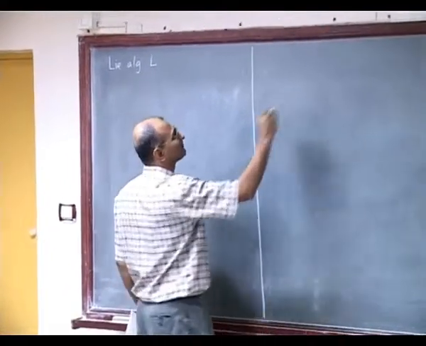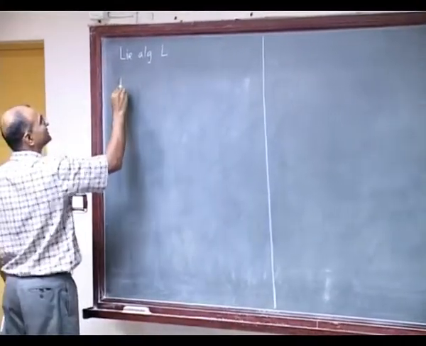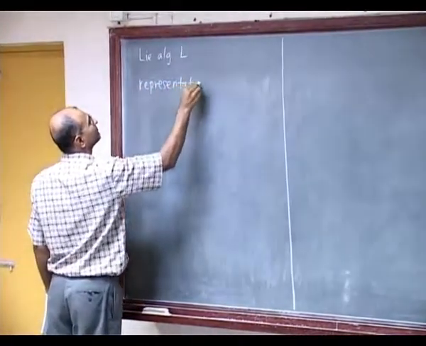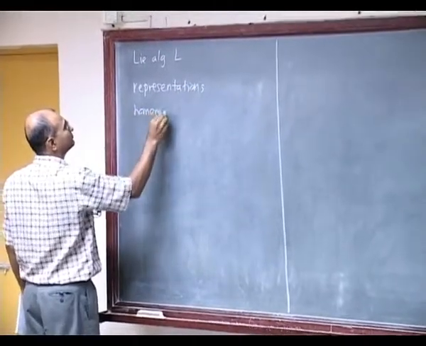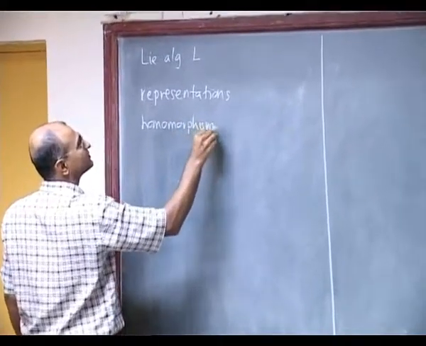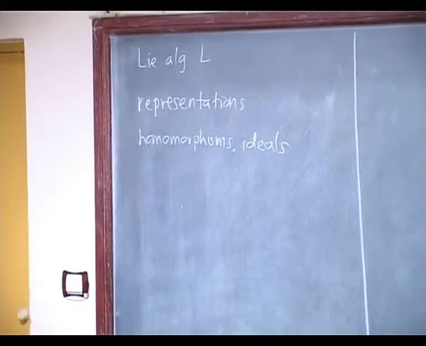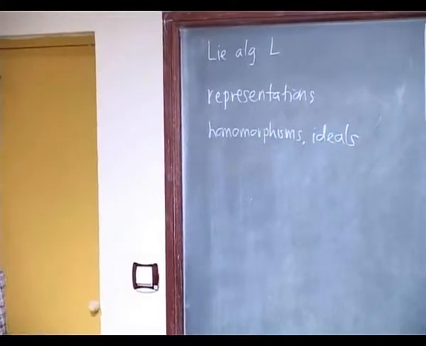So this is the first order. Lie algebra L, various words. Just writing down the words that we saw yesterday: representations, homomorphisms, ideals, quotients, all that kind of stuff.